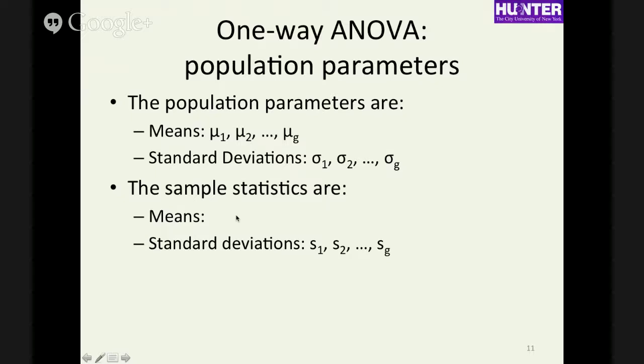And I lost something here, but this should have been x bar 1, x bar 2, up to x bar, the number of groups that we have.